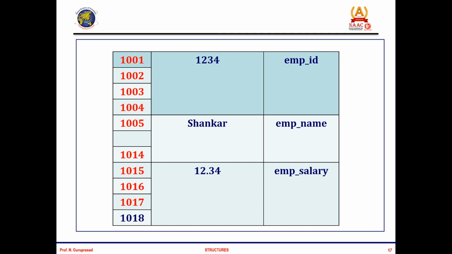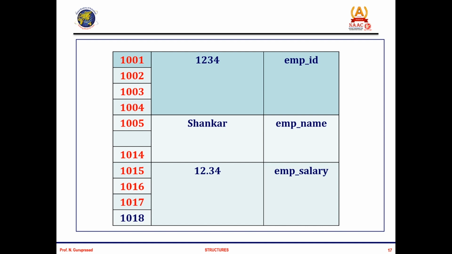And once the salary of the first employee is stored, that is at 1018, at 1019 the details of the second employee start. I repeat, first the details of the first employee are stored, and then the details of the second employee are stored. That is what you mean to say structure elements are stored in continuous memory location.